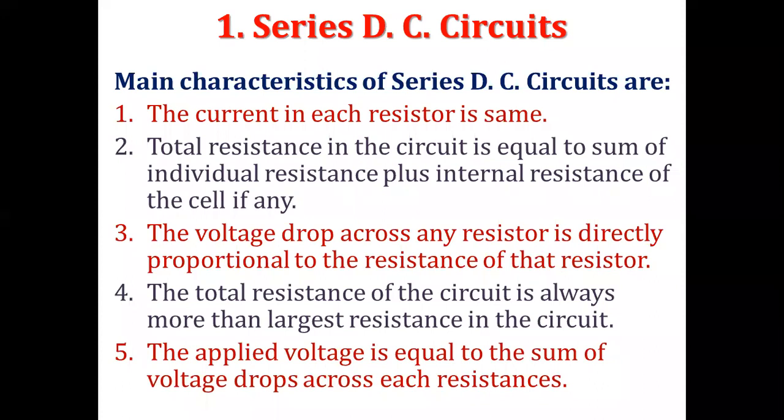If any devices are connected and they have some resistance, then we can add that also as R5. So we sum all the individual resistances. RT equals the summation of R.